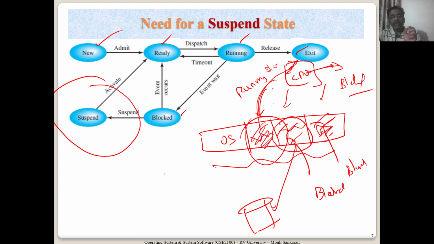Remember, main memory is always limited, whereas the hard disk could be assumed to be infinite, though that's not reality. Your laptop has a fixed amount of hard disk, but in the case of a server, like a Facebook or Instagram server, they don't stop you saying they have no space, don't post anything now.